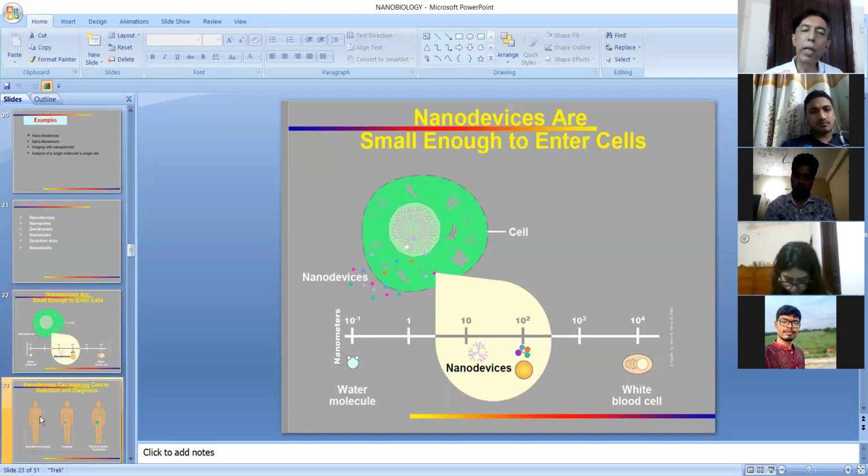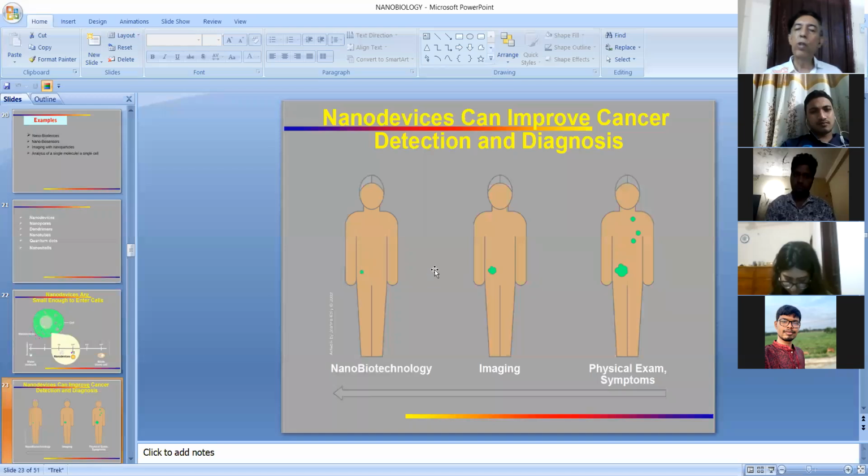So you see here, if you want to detect a tumor, our normal process will get a sign here, a sign here, a sign here. But by imaging, that means by MRI or CT scan, you can detect very specifically.